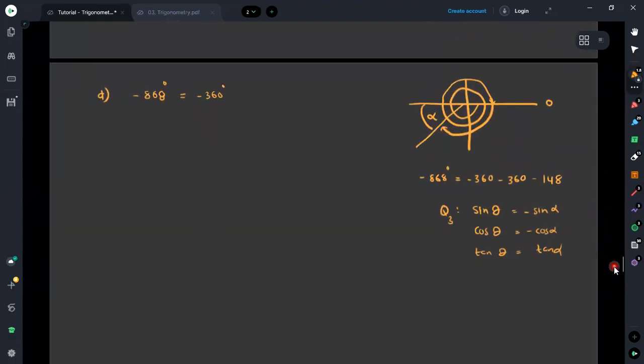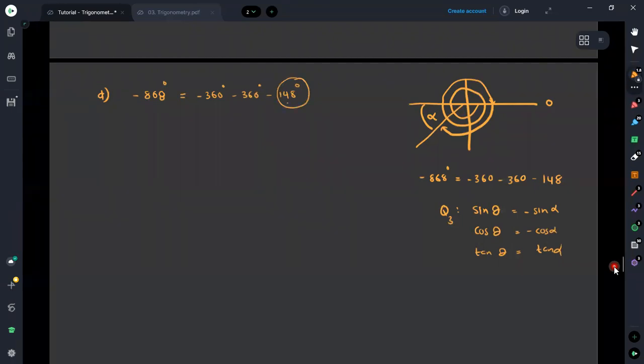That is why we are using minus. Then the remaining part, minus 148 degrees, has to be measured again. So we have two entire rounds and another 148 degrees in the clockwise direction. This is the angle that we need to find.